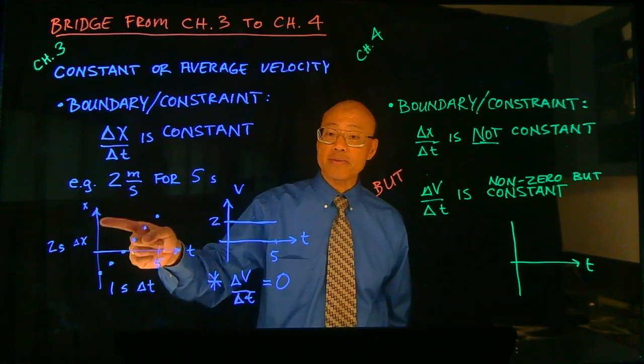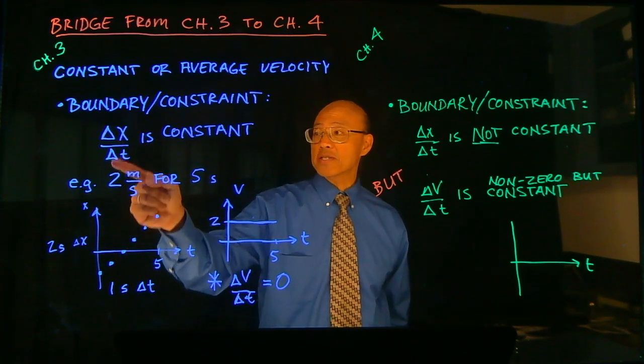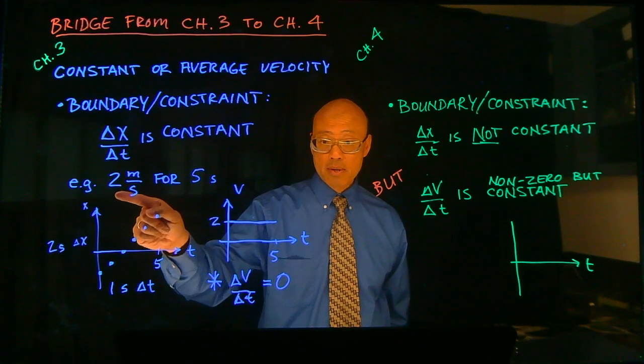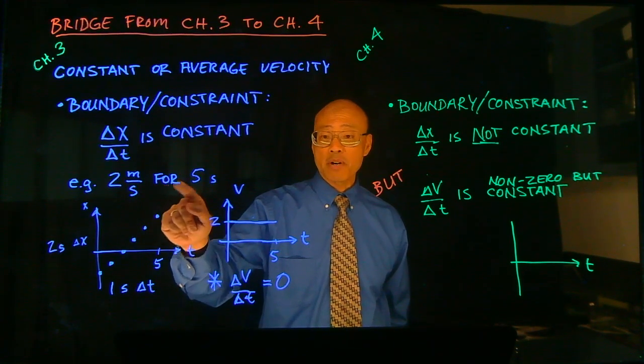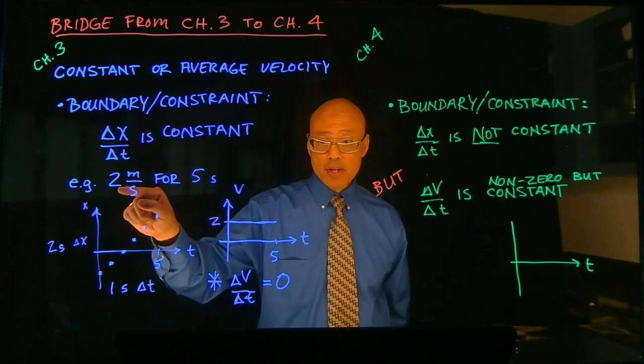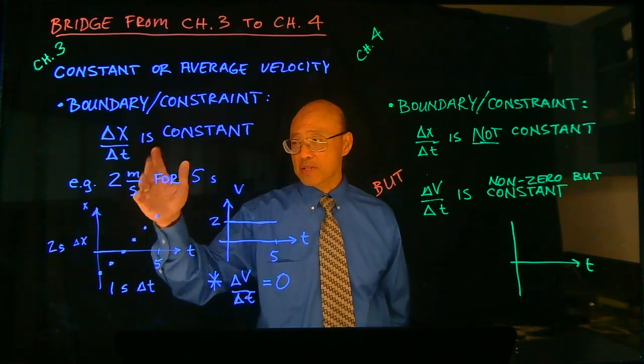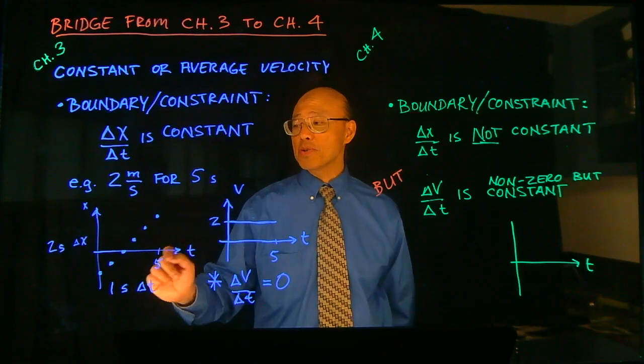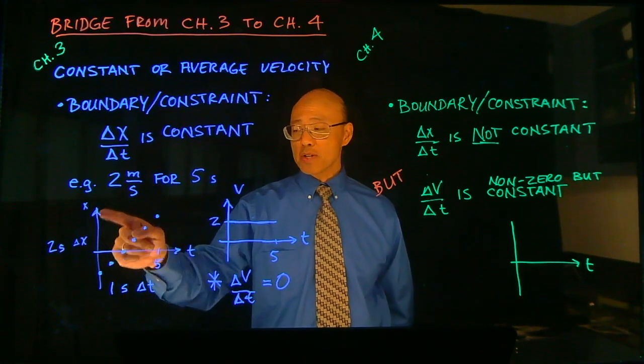For example, let's suppose delta x to delta t is 2 over a time of 5 seconds. That 2 is a calculation based on some delta x or delta t, but what does that number 2 mean?